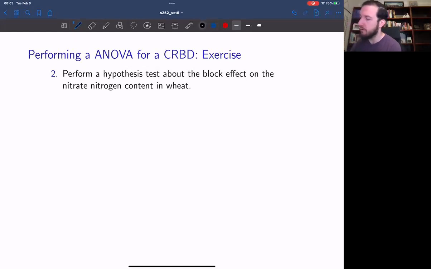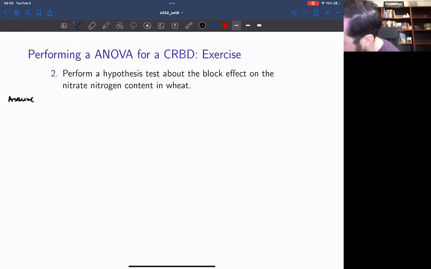So to do that, we run a hypothesis test about the block effect. And this is going to be done in pretty much the exact same way that we ran the hypothesis test about the treatment effect. We're just using the second row of our CRBD ANOVA table. Okay, so here we would say, assume all assumptions are intact.